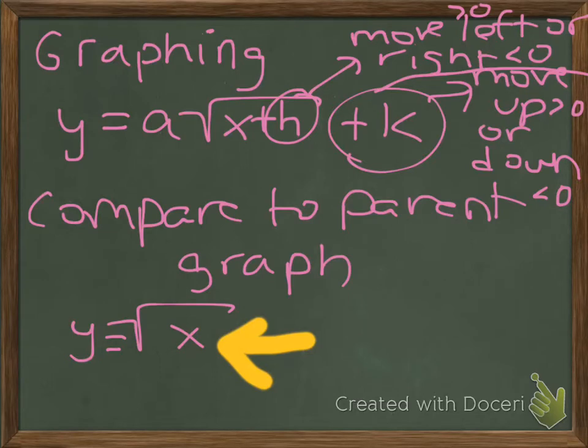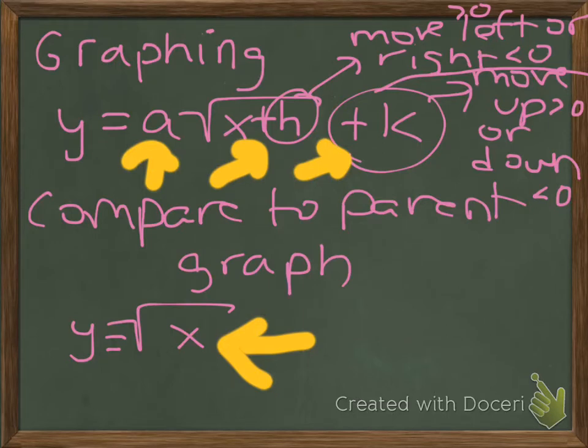So sometimes we can actually add or subtract to the square root. Sometimes we multiply, which we just did. And then sometimes we add or subtract from the square root inside the square root symbol. So there's 3 different things that we can do to adjust it. And we're going to do a couple of different examples there.